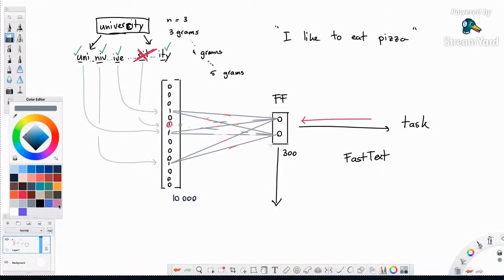So let's say I want to train the word embedding for the word to. Then we could say, okay, the word to is, let's do a sentence with somewhat longer words, because that's a nicer example. I attend classes at my university.